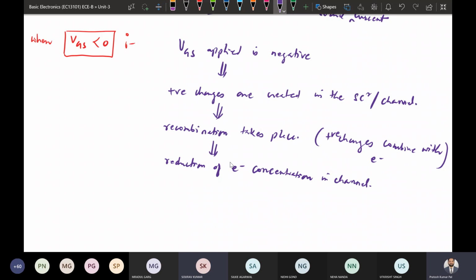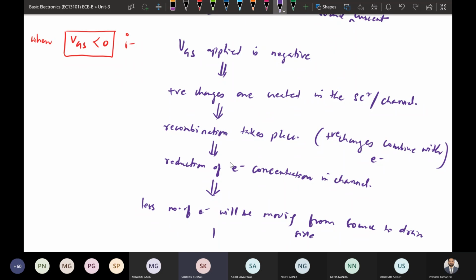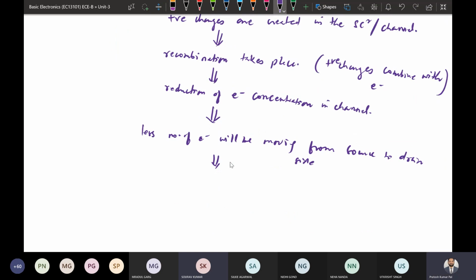If the electrons have been reduced in the channel region, there will be fewer electrons moving from source to drain side. This will constitute less drain to source current. That means ID is going to reduce.